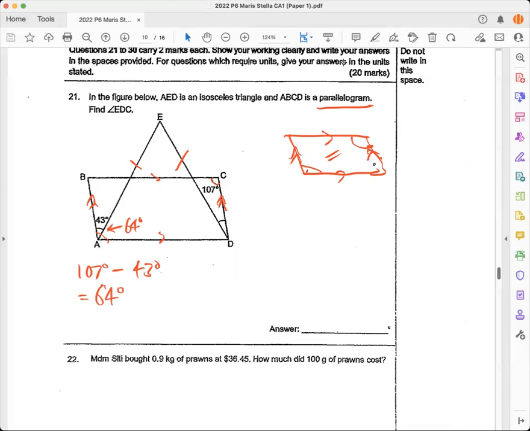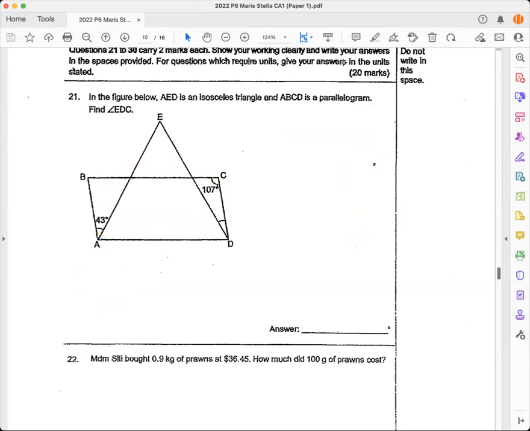Now, if this is 64, this will also be 64, because it's an isosceles triangle. Another property of a parallelogram is this: this angle plus this angle is equal to 180 degrees. So 107 plus this angle must be 180 degrees. This angle plus this angle must be 180 degrees, and we found out that this is 64 earlier.